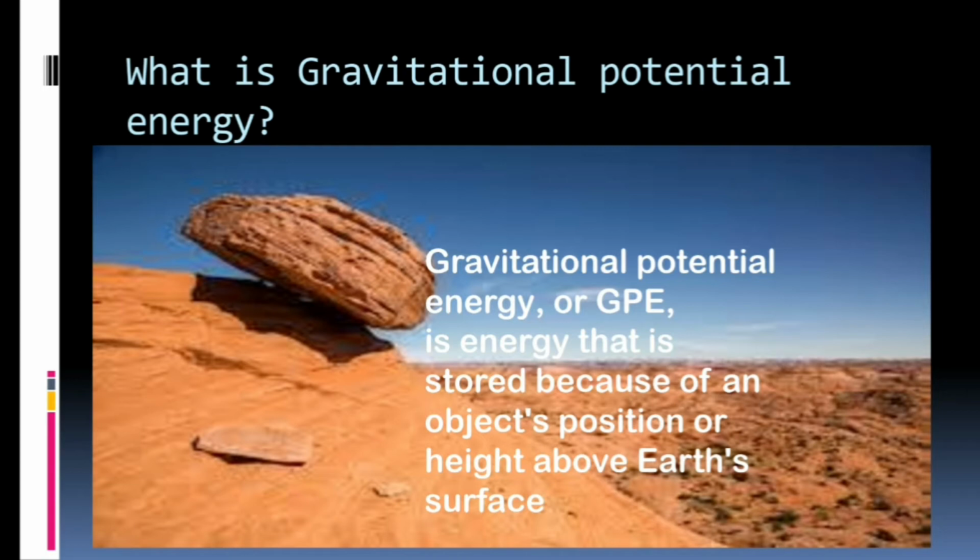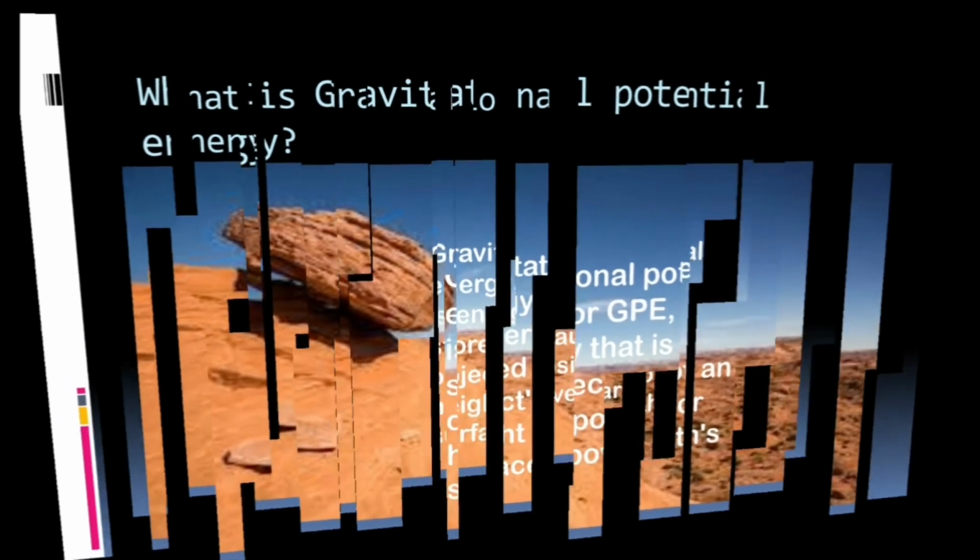Gravitational potential energy, or GPE, is the energy that is stored because of an object's position or height above Earth's surface. So as you can see, this stone is above the Earth's surface and now it is having gravitational potential energy.